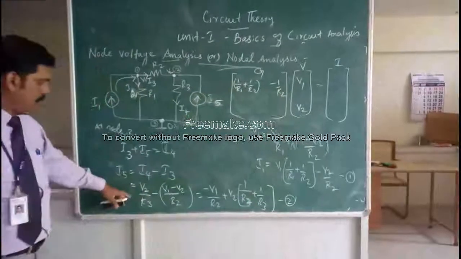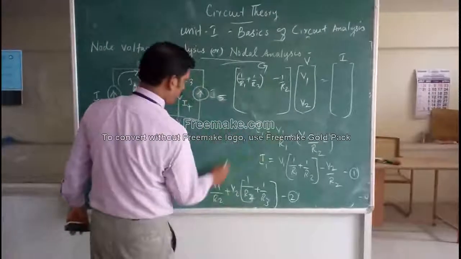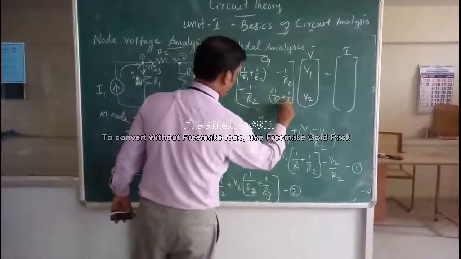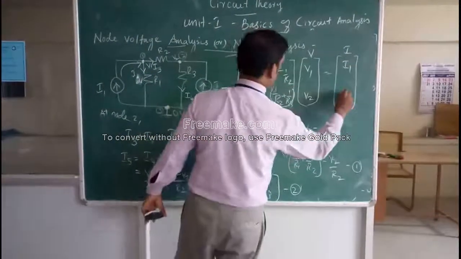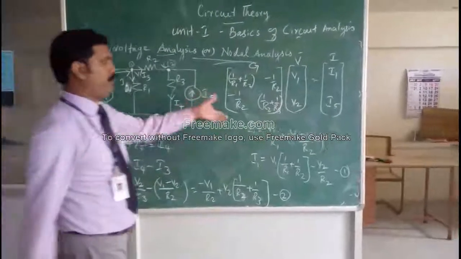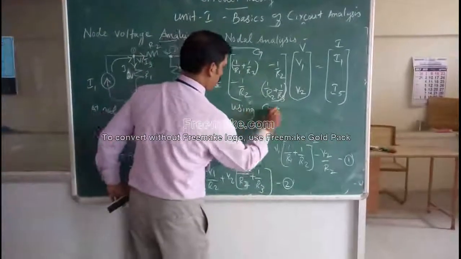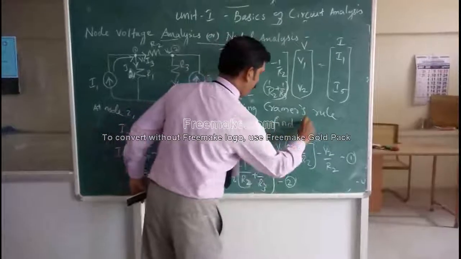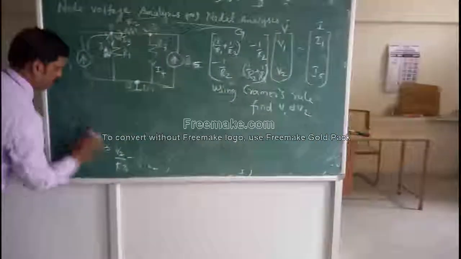Similarly, in the next equation, the V1 coefficient is minus 1 by R2, and here it is 1 by R2 plus 1 by R3, and I1 and I5 are the known values of current. Once you form this matrix, use Cramer's rule to find V1 and V2. Thank you.